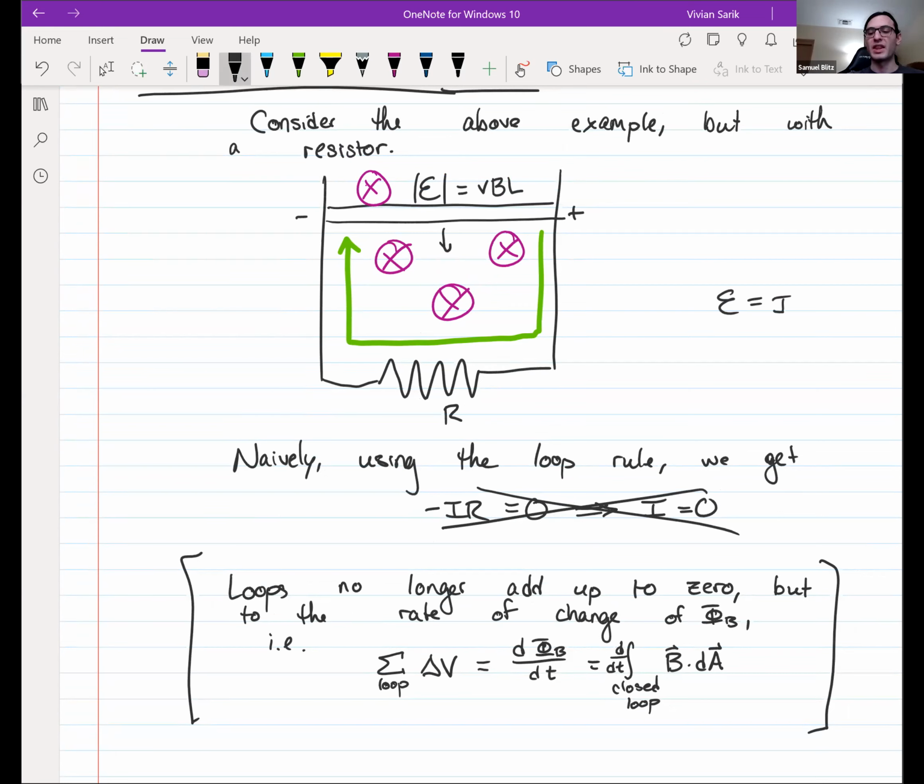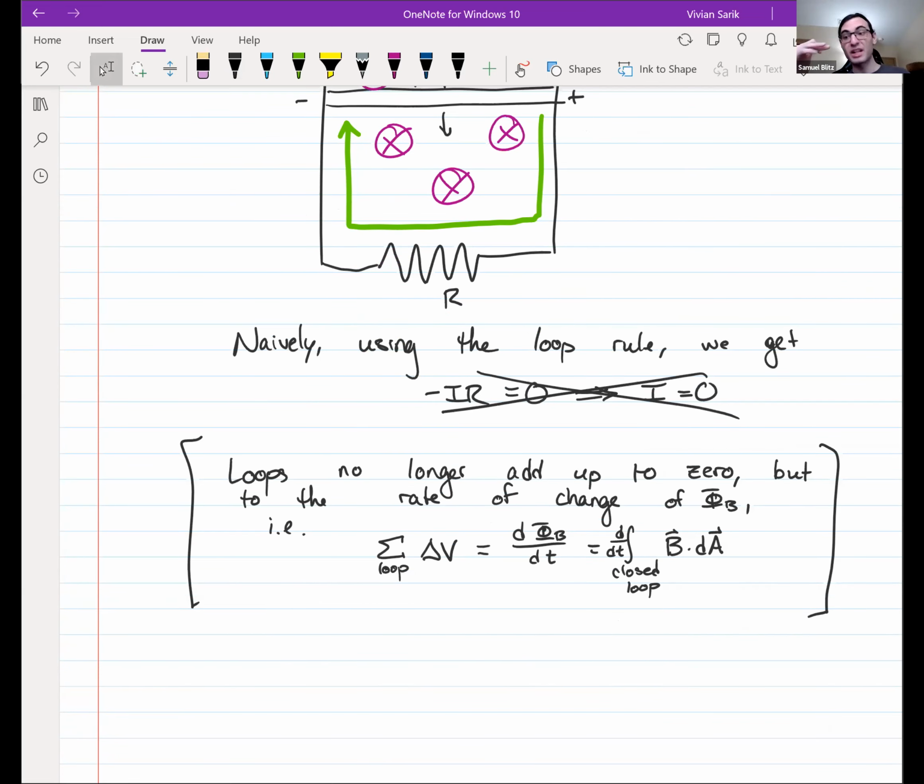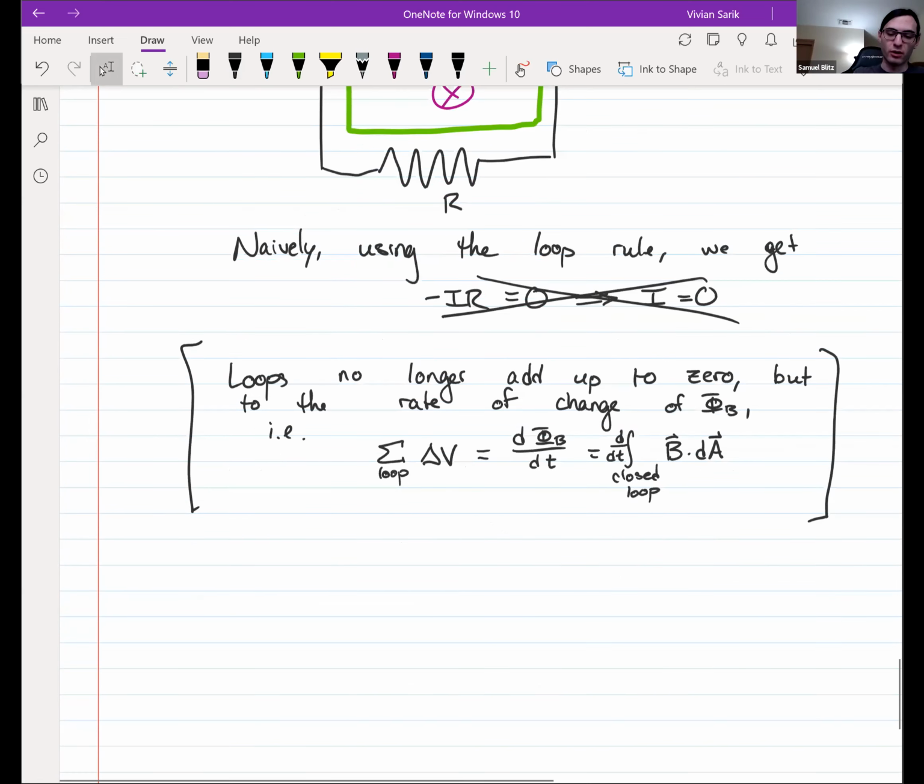We want to be able to get that result, so we have to put the induced EMF on the other side. And so the question is, did we get the sign right here? Should that be a minus sign? I propose to you that this is correct as written, but I need to justify it. So let's talk about that wrinkle.